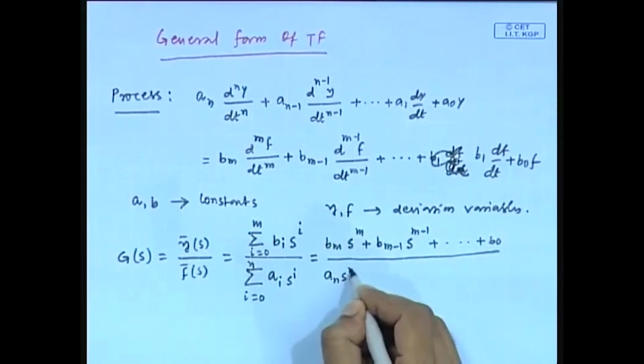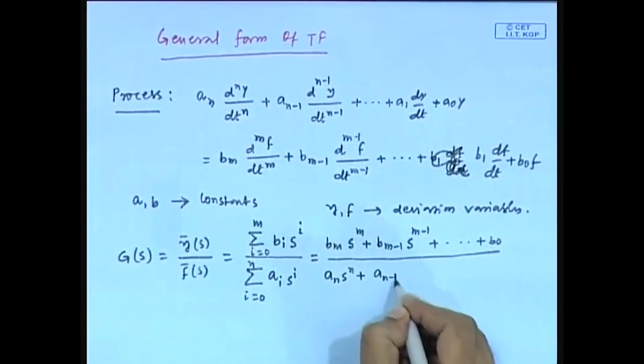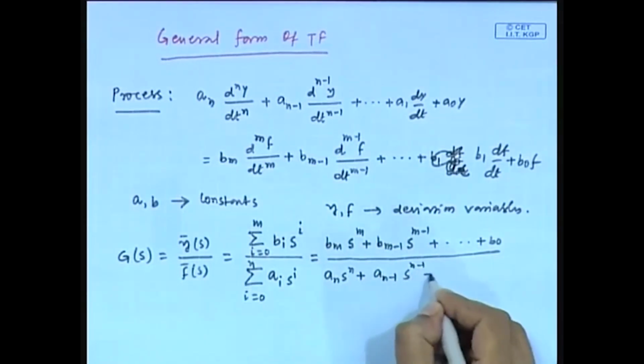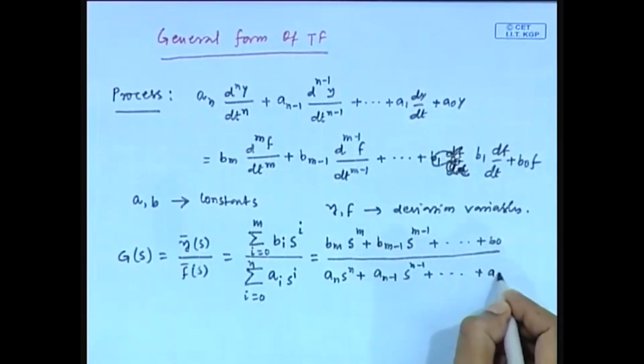a_n s to the power n, a_(n-1) s to the power n minus 1, last term is a_0.